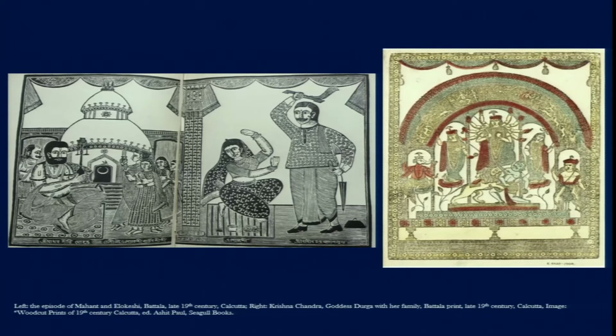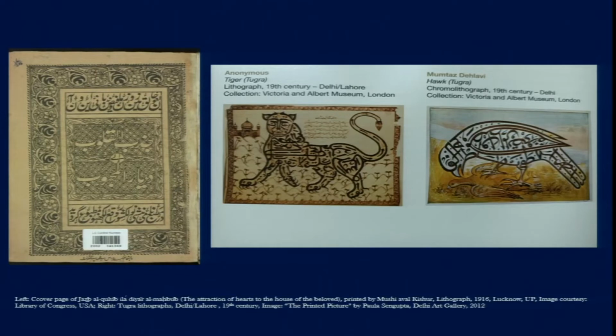That is the reason we find the space division, the use of bold and solid forms, and the use of ornamentation in the Battala prints, and how that works very differently from the landscape images that we have seen in the earlier part of the lecture.